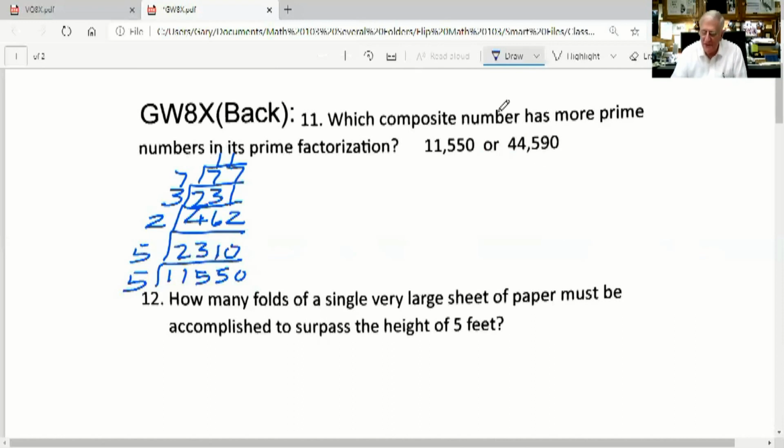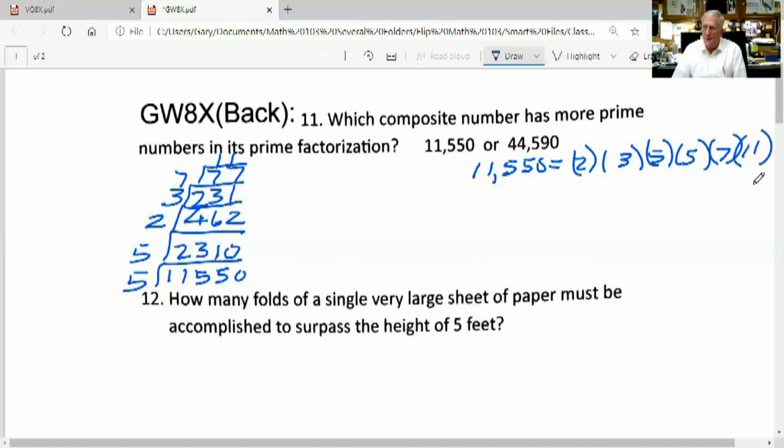So it appears that 11,550 has a prime factorization, putting them in order, of 2 times 3 times 5 times 5 times 7 times 11. So it appears it has 6 members in its prime factorization.